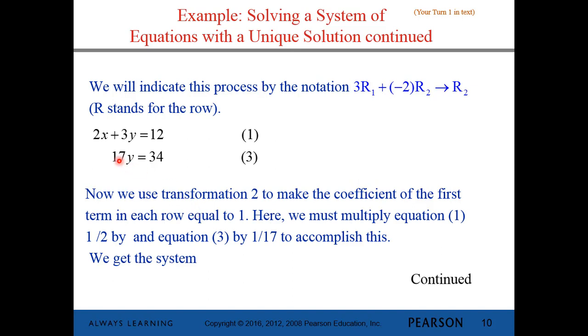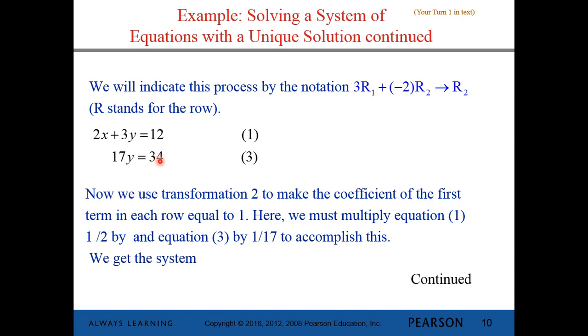And then we're going to multiply equation 2 by 1/17 to make this equal to 1. So we're going to divide this by 17, and we're going to divide this by 17.